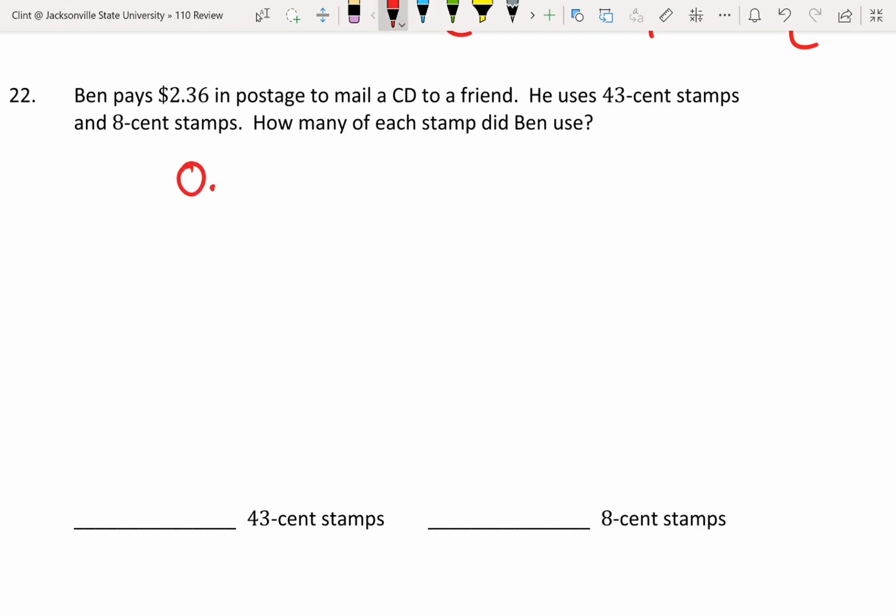So then, I'm going to say, well, what if I use my maximum? Then 5 times 0.43 gives me $2.15.